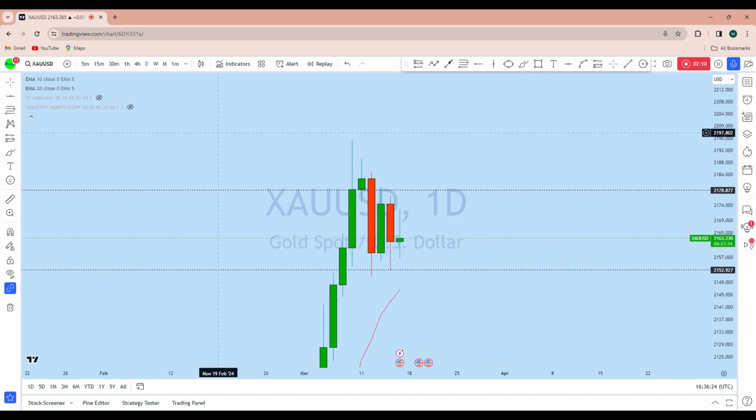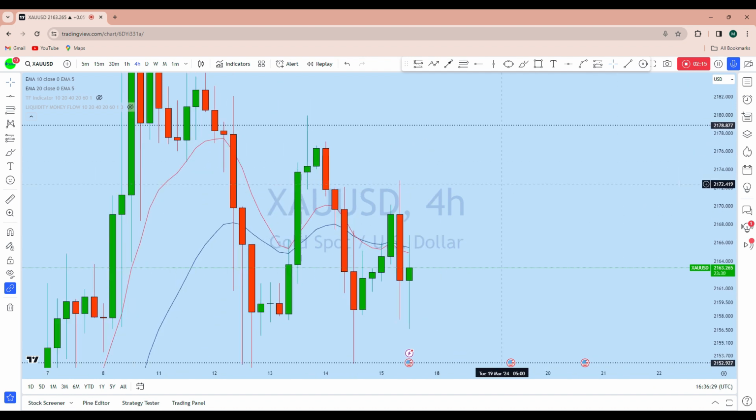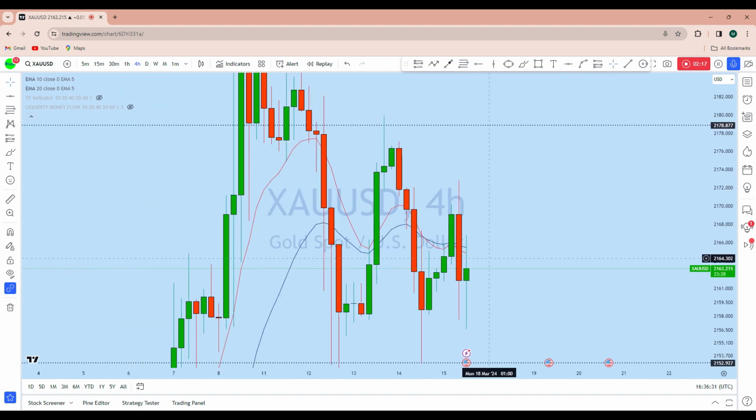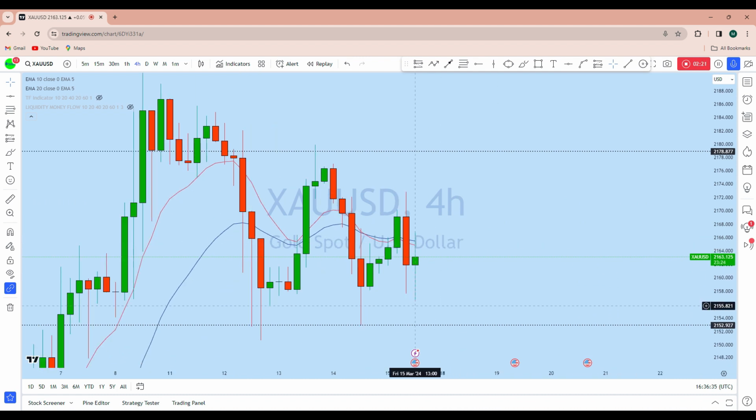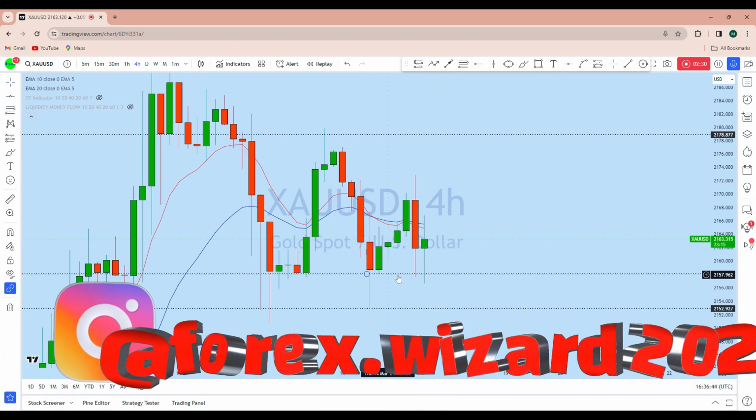Now looking at the intraday time frames, on the 4-hour, where this candle is closing in 20 minutes from the time of recording, we saw a huge bearish candle that broke this support level, which is quite significant and also a liquidity zone.